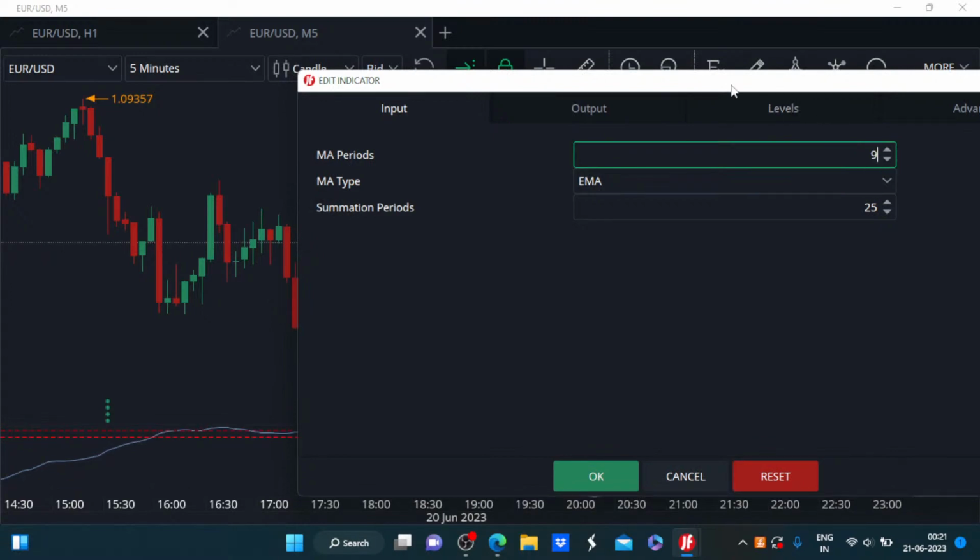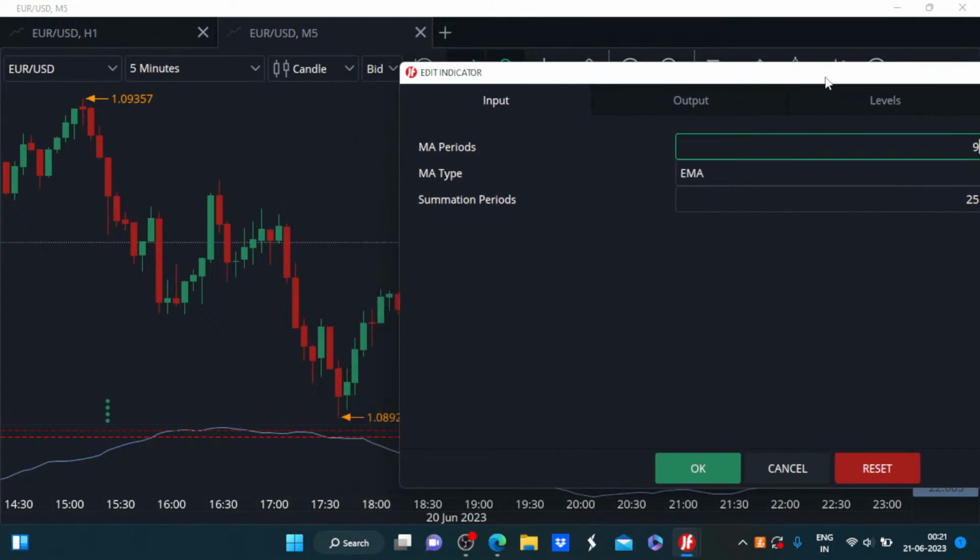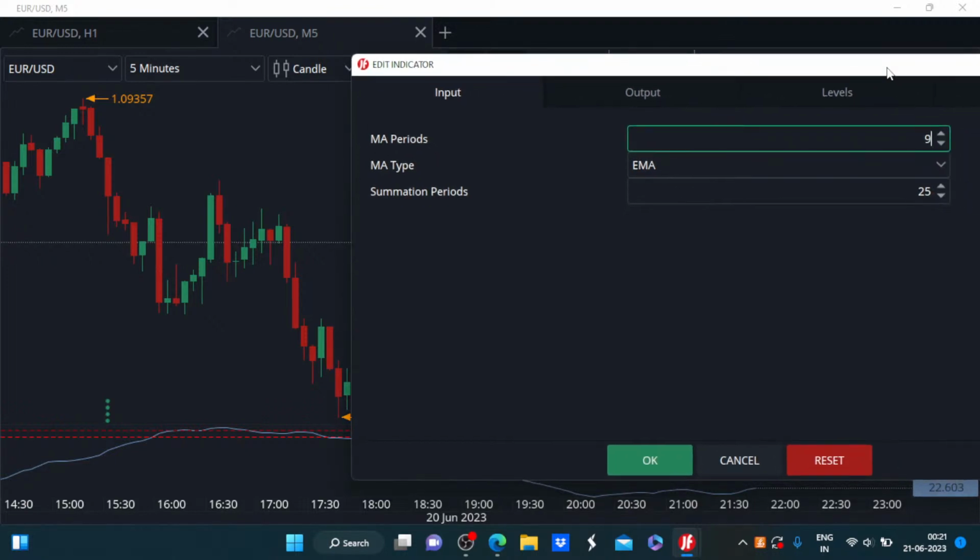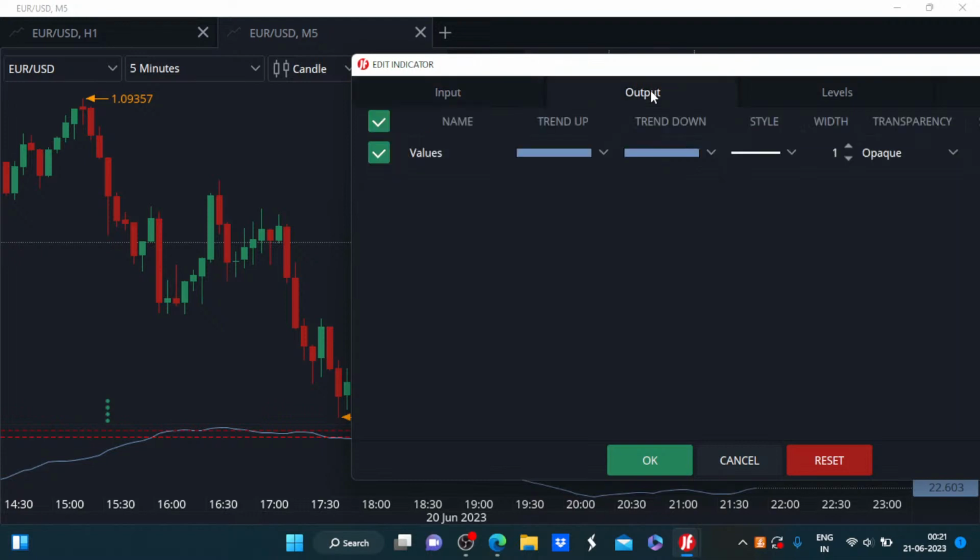So I would suggest that you try it out, you see how these different combinations work out for these different values of the input, and depending on the combination which you feel is likely to prove best, you can then go for the precise defining of these parameters. Output value, you can go for different color combinations, so all that possibility is there.